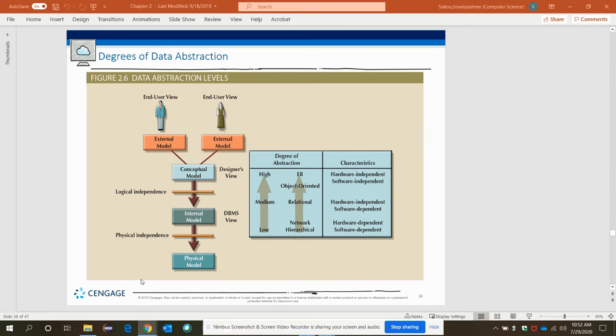So, you already know about data abstraction, correct? I just told you. The internal model here is similar to the logical level and the conceptual model is similar to the external level. So for example, let's say we are storing customer information in a customer table. At the physical level, these records are described as blocks of storage in the form of bytes, gigabytes, terabytes in the memory.